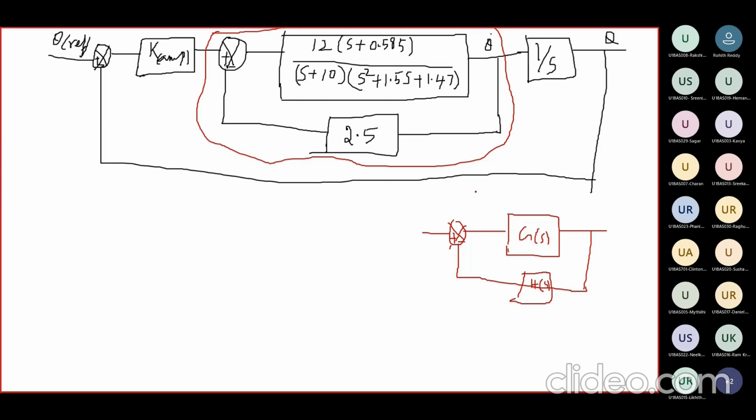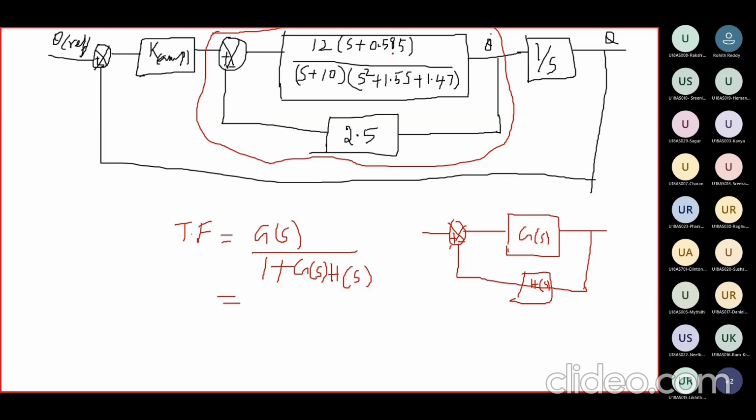If you want to reduce this block, then the transfer function is G of s divided by 1 plus G of s into H of s, because it is a negative feedback control system. Therefore, this is the transfer function for this inner loop.